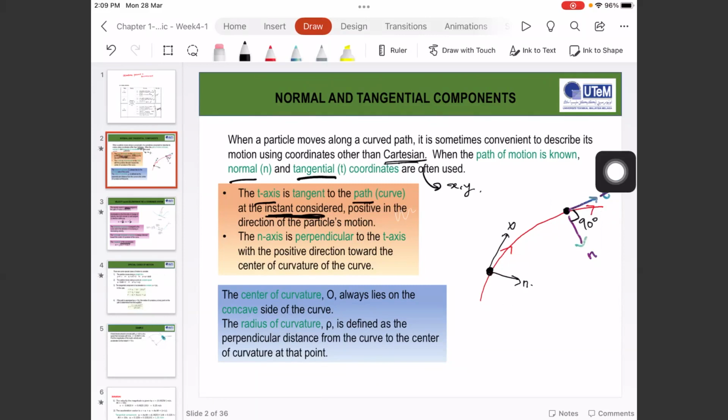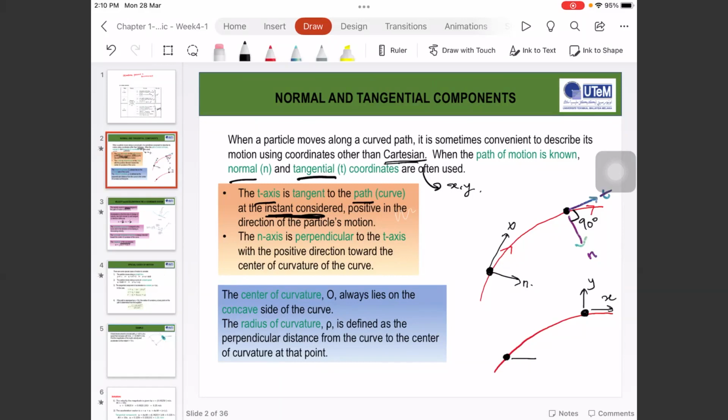Dia berbeza dengan XY. If you have XY coordinate or Cartesian coordinate, like this one, at this location X is maintained in this direction, and then this is Y. If you have these locations, it's still the same.